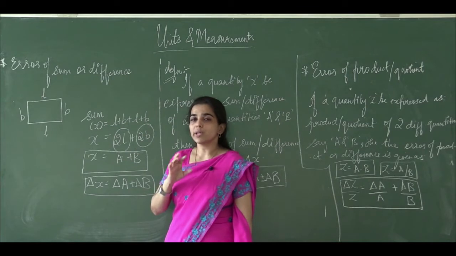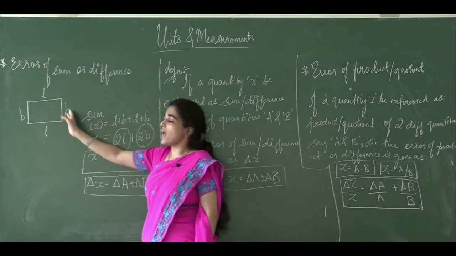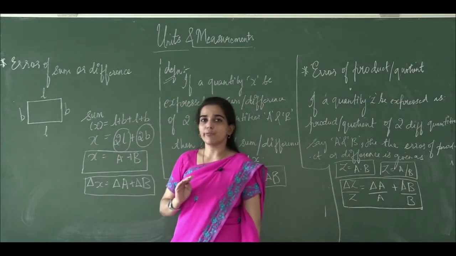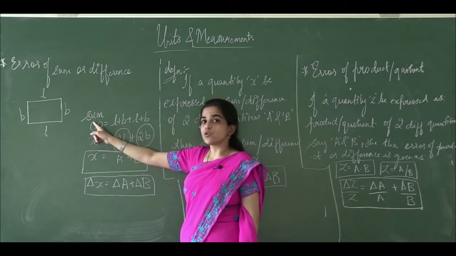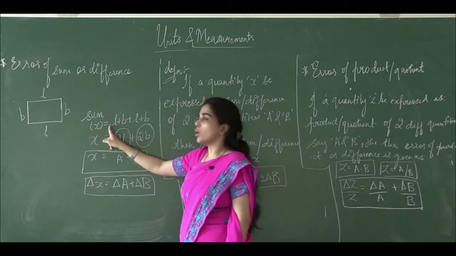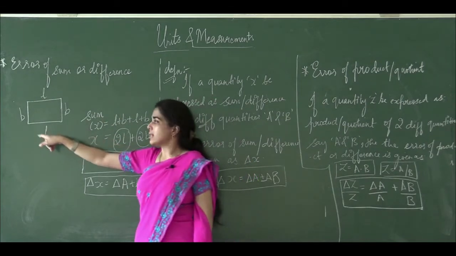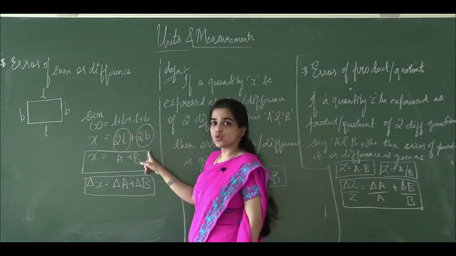In order to calculate the sum of a rectangle, we add up all four sides. That sum, which I have represented as x, will be equal to length plus breadth plus length plus breadth. So this becomes 2L plus 2B.